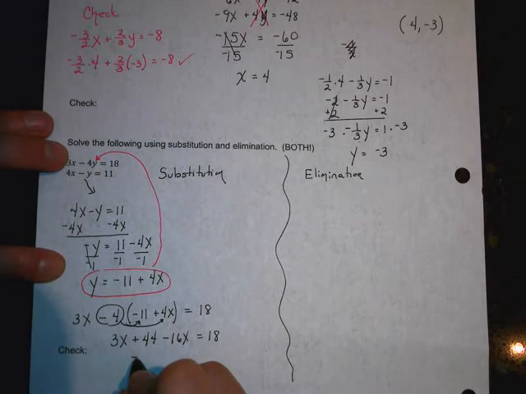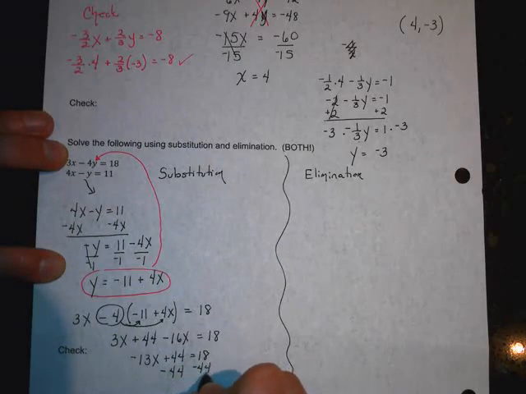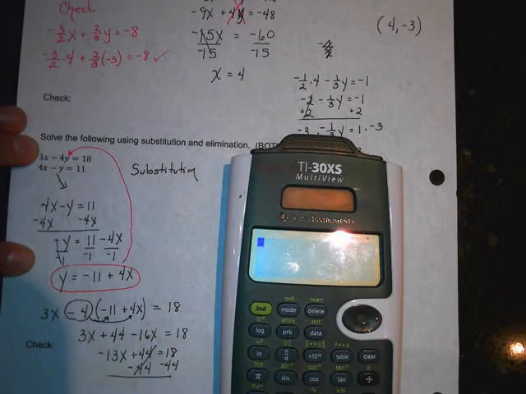So let's combine like terms. Okay, let's subtract 44 from both sides. Okay, so we had 18 minus 44.